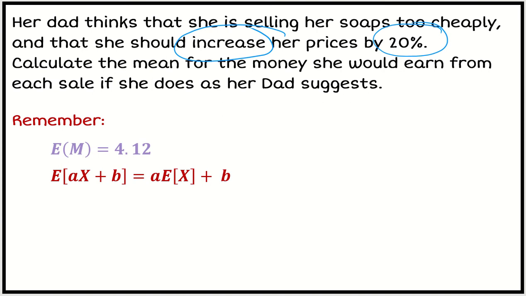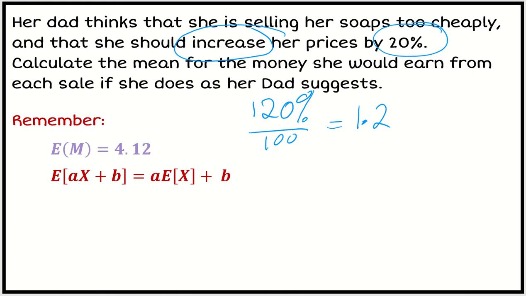If I was normally selling something, then I would get 100% of the money. So if I want to increase my price by 20%, that would give me a new value of 120%. So 100% plus another 20 on top. Now if I want to turn that into a decimal, I divide that by 100, and that's going to give me a value of 1.2.